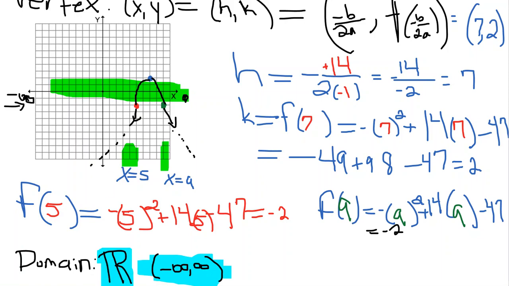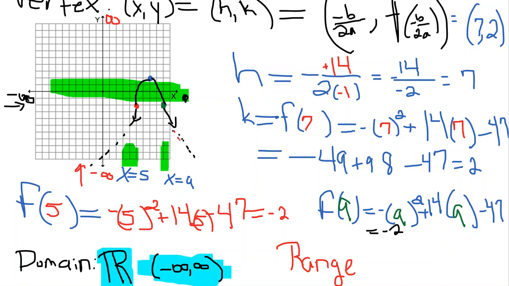Now let's talk about the range. The range is my y values, and we always read bottom to top. So if I start down here at negative infinity, I'm going to go up, all the way up to positive infinity, or as high as we can possibly go. What do I see? I see that at least one of these arms going downward has an arrow on it.